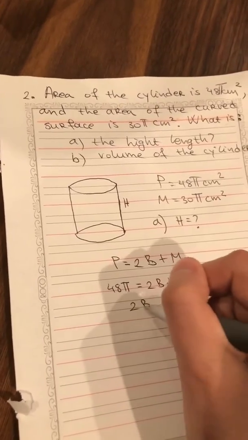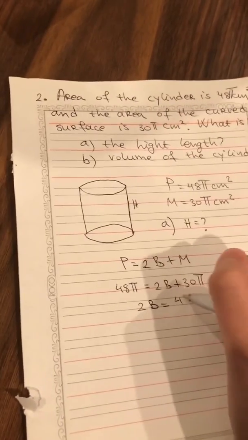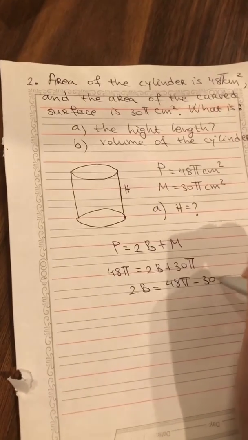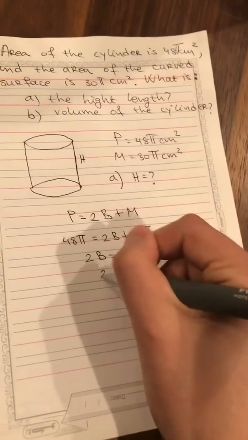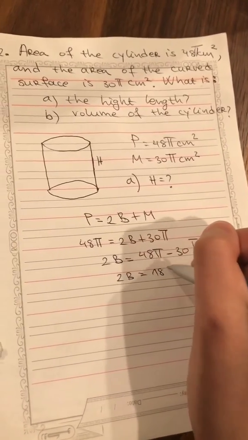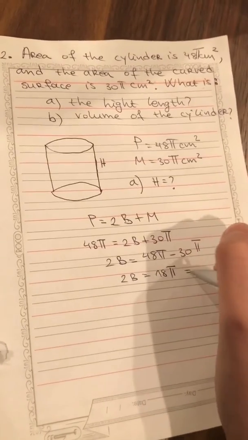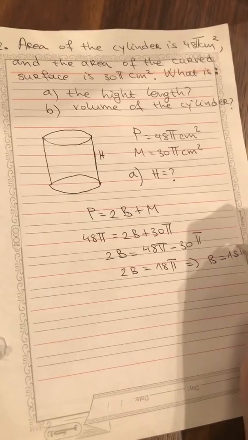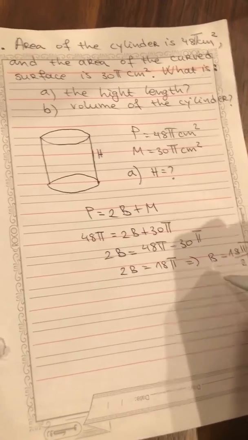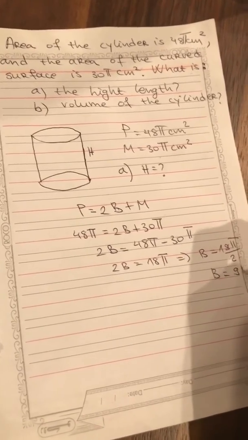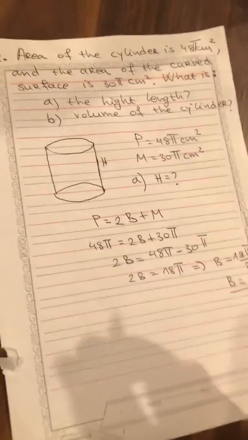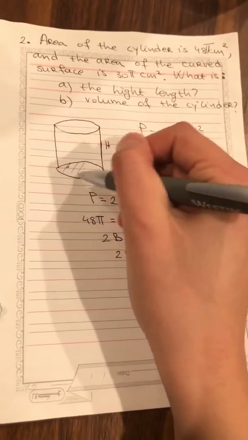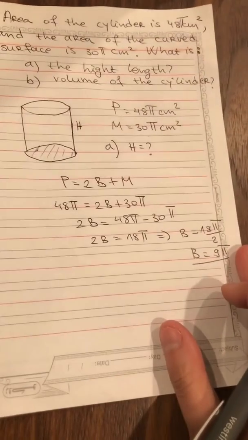From here 2B equals 48 pi minus 30 pi. 2B equals 18 pi, which means B equals 18 pi divided by 2, which is 9 pi. Here we found the area of the base, which is this part.